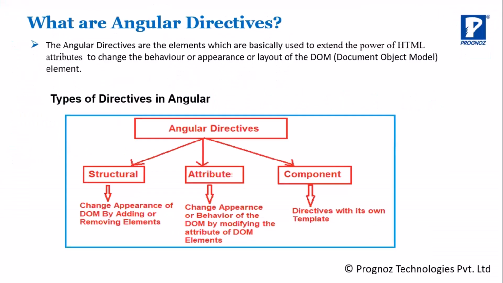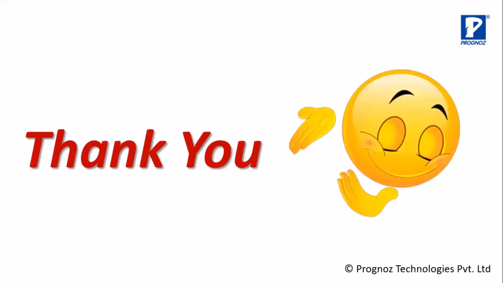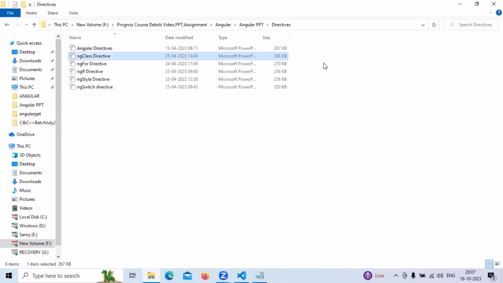So already I told the types of directive: structural, attribute, and component. Under the structural directive, what are the different types of structural directive? That is nothing but ng for, ng if, and ng switch. These come under the structural directive.